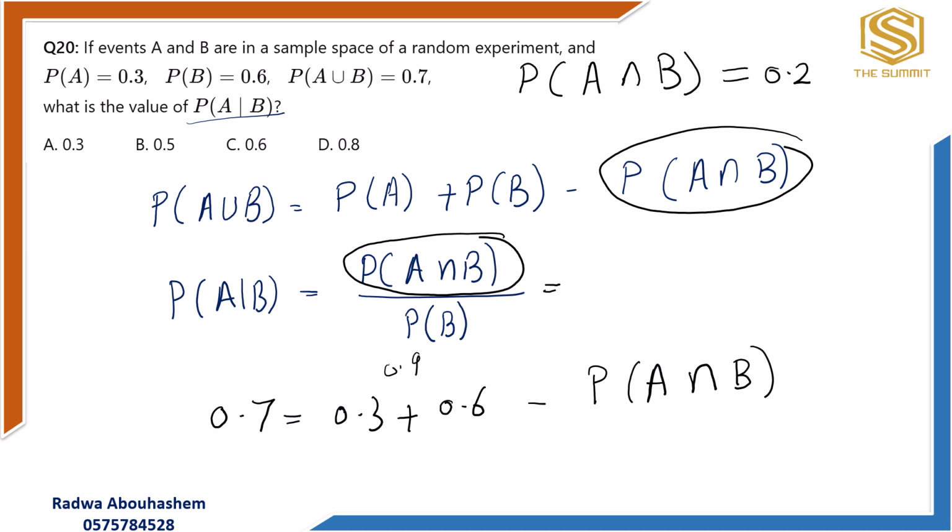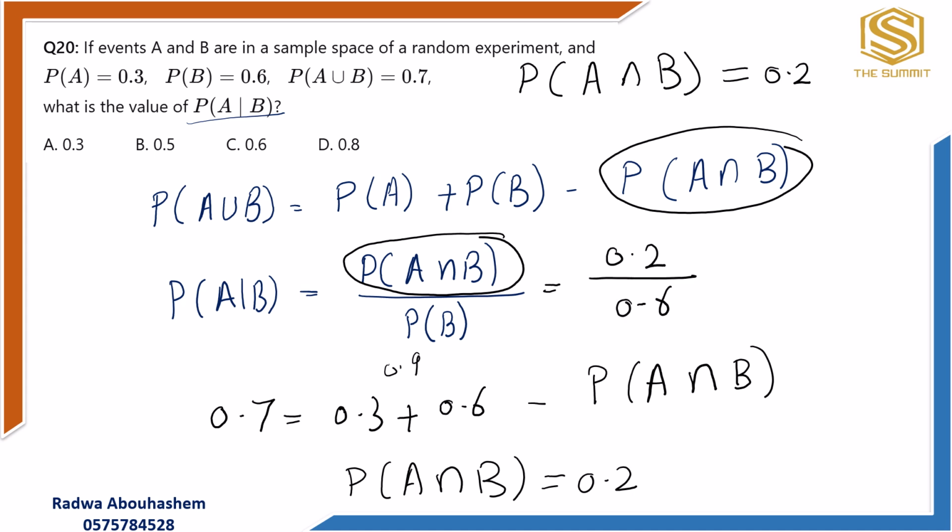Now let's apply the rule: 0.2 over the probability of B, which is 0.6. Cancel, so 2 divided by 6 gives 1 over 3. And 1 over 3 is equal to 0.33, so approximately 0.3.